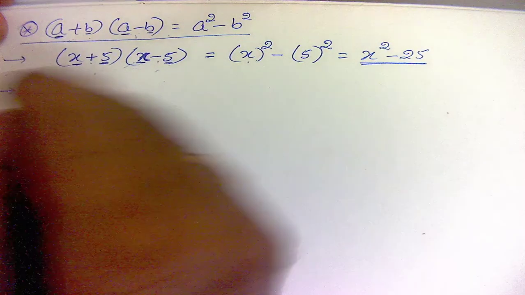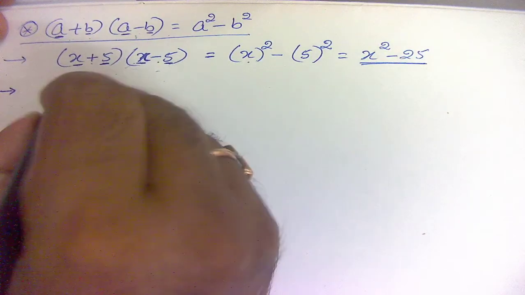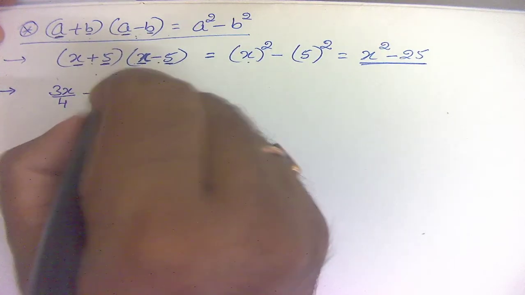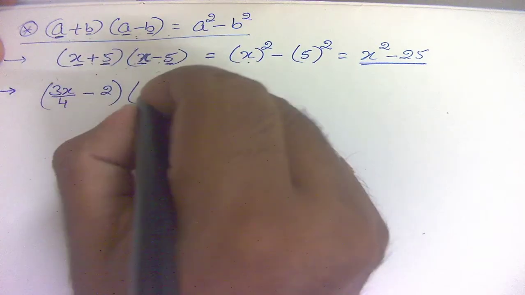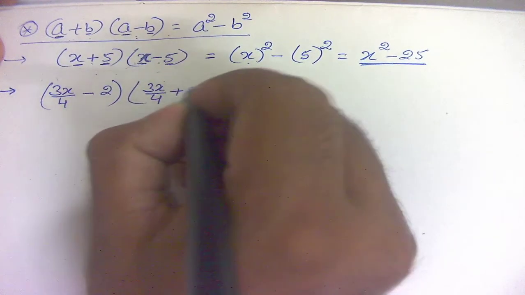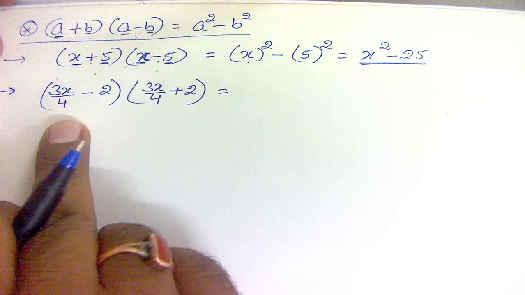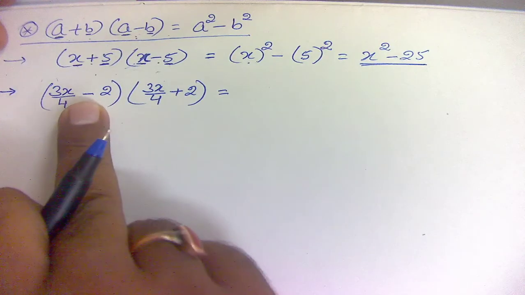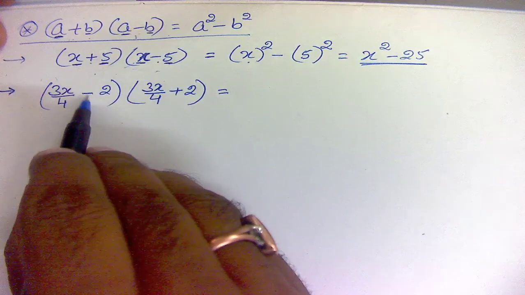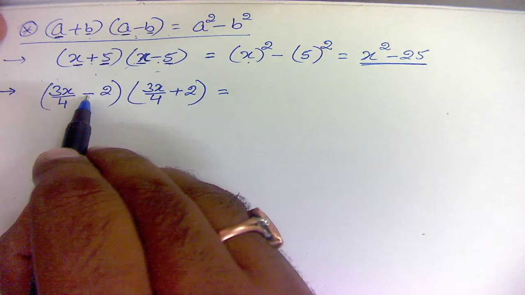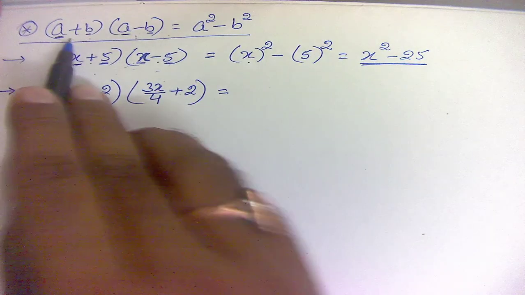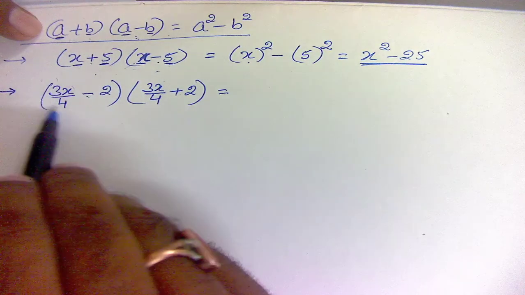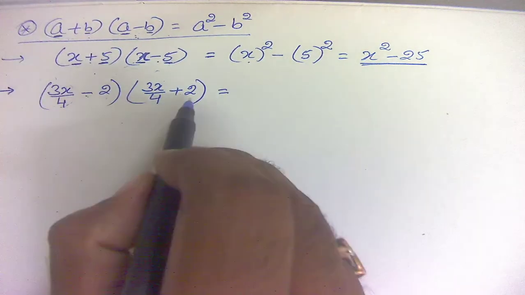Let's have one more example. Suppose you have (3x upon 4 minus 2) multiplied by (3x upon 4 plus 2). Here also both are identical, only with the difference of sign in between. Here it is minus and here it is plus. It does not make any difference whether plus is first or minus is first. You will use the same identity, and if you compare, a is replaced with 3x upon 4 and b is replaced with 2.